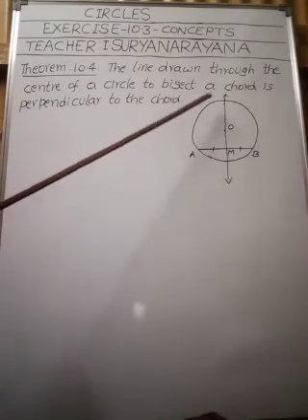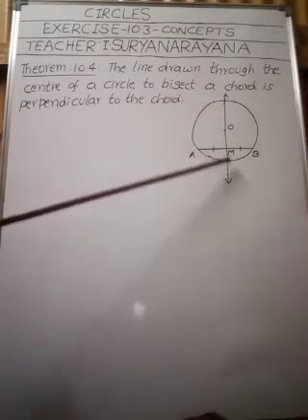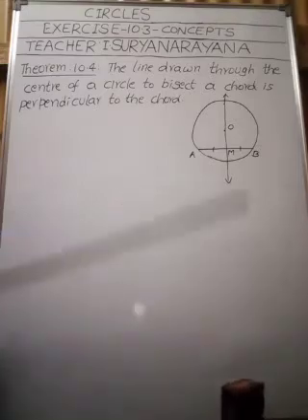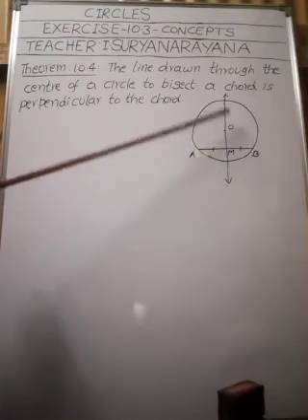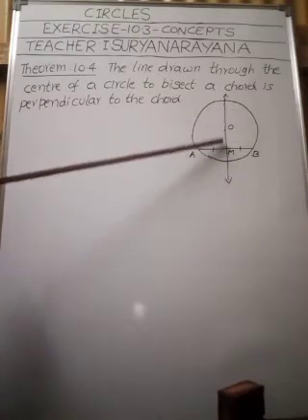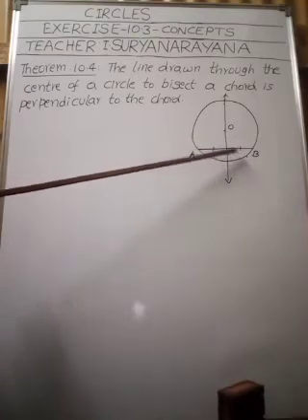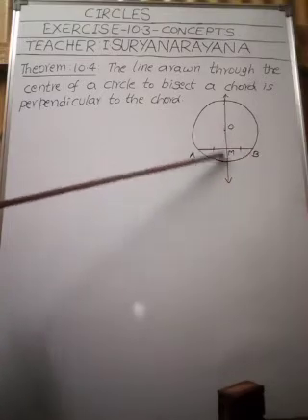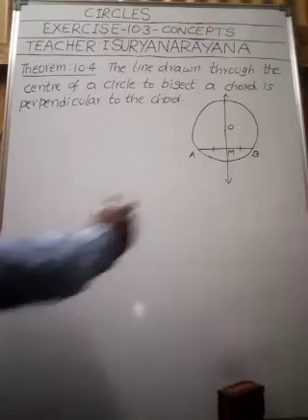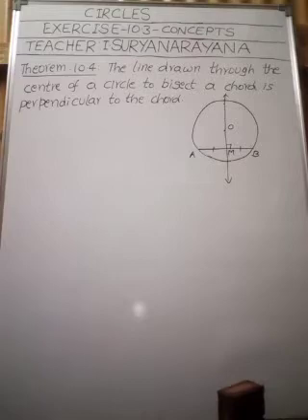Let us consider a circle with center O, and a line OM is drawn such that it is bisecting the chord AB, meaning AM is equal to MB. Then this line OM is perpendicular to line segment AB. Now let us prove this theorem.